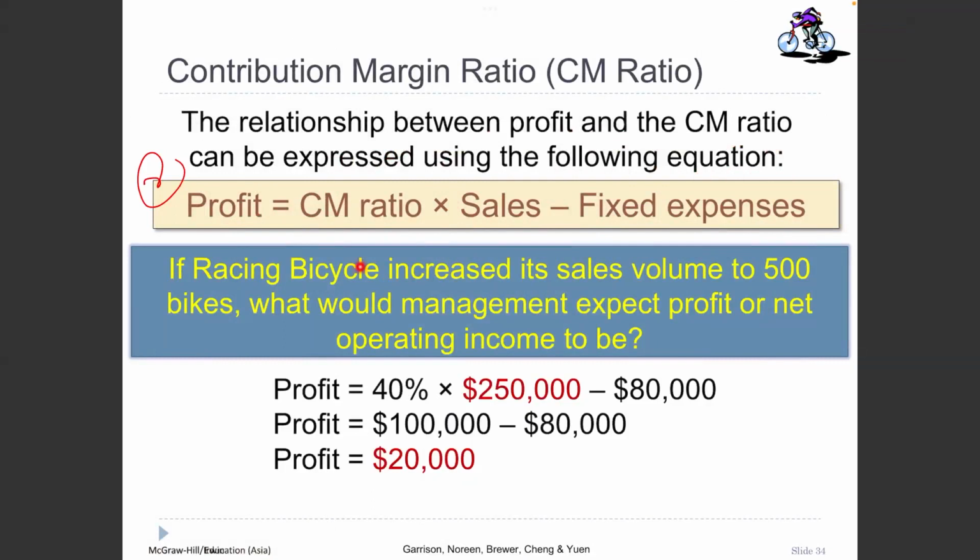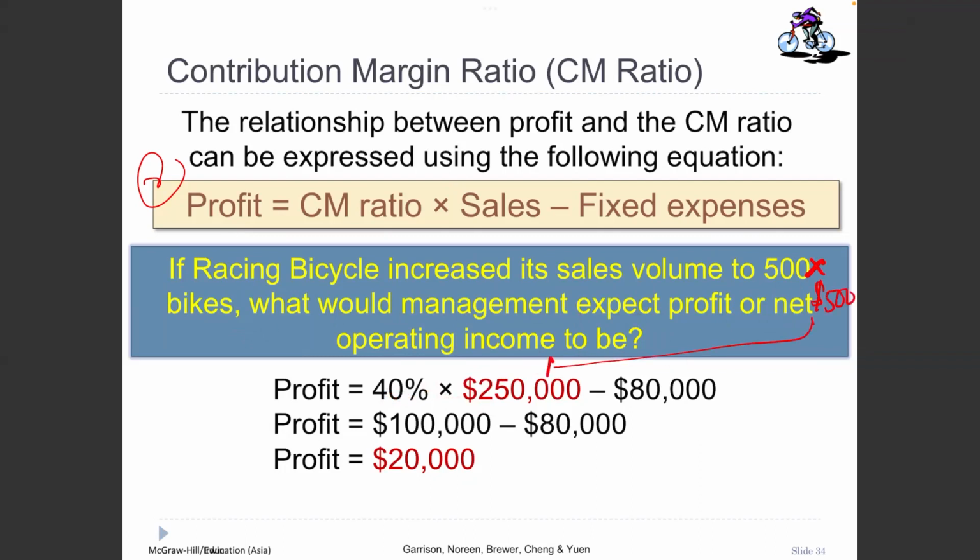If Racing Bicycle increases its sales volume to 500 bikes, what would management expect profit or net operating income to be? You know that the CM ratio is 40% just now, multiplied by $250,000, which is 500 bikes multiplied by $500, the selling price per unit.